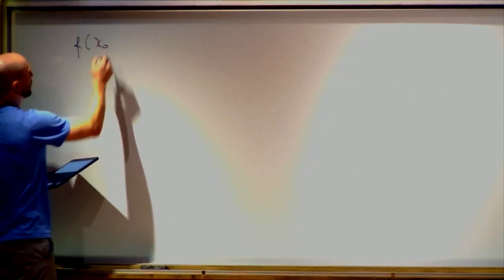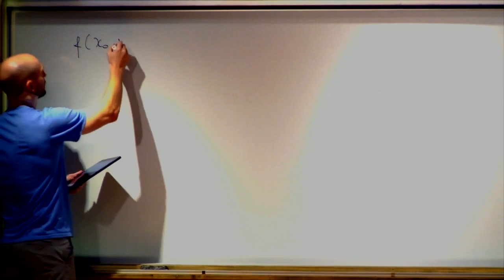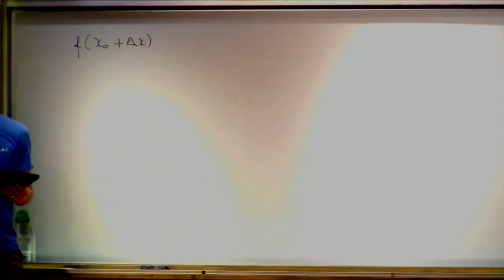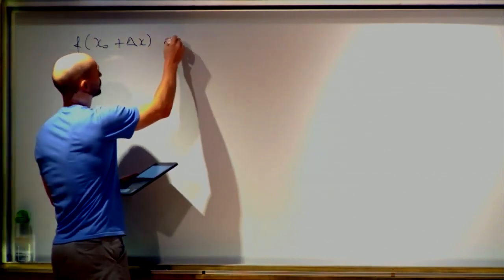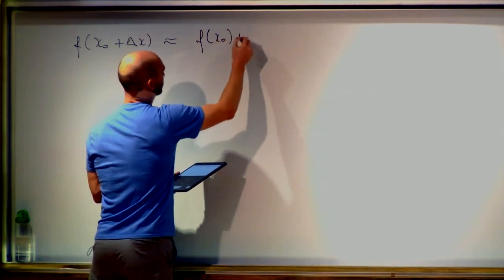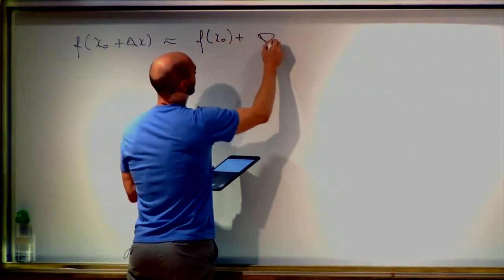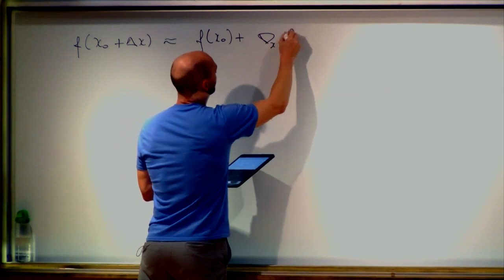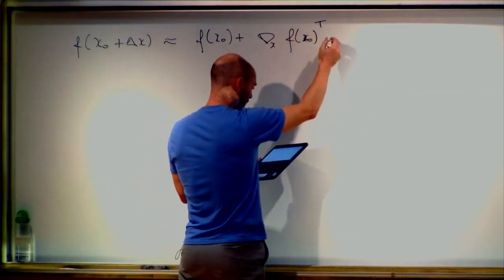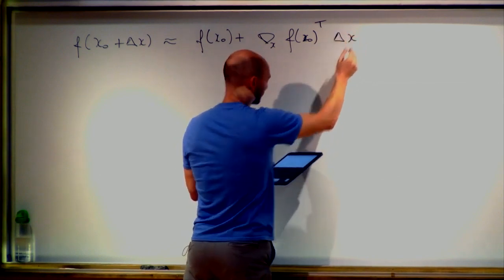And so let's say f of x0, our current point, plus some change, delta x, is going to be approximately equal to first order Taylor expansion, f of x0 plus gradient with respect to x at x0 transpose the change delta x.